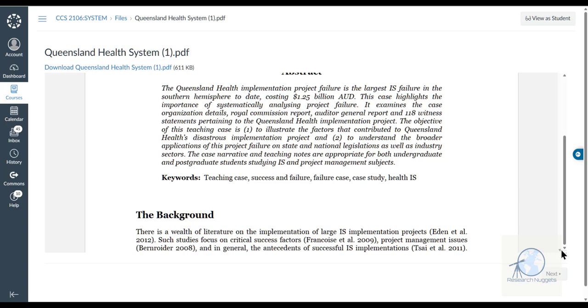From the initial budget, the system ballooned into $1.25 billion. So we are going to ask what may have gone wrong and what we can do to avoid such a scenario.